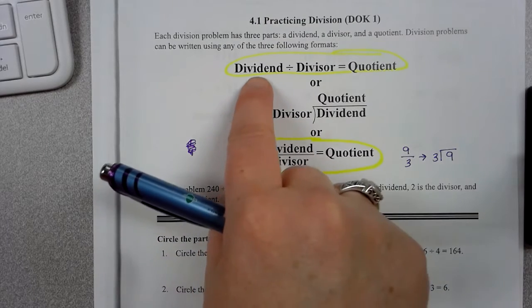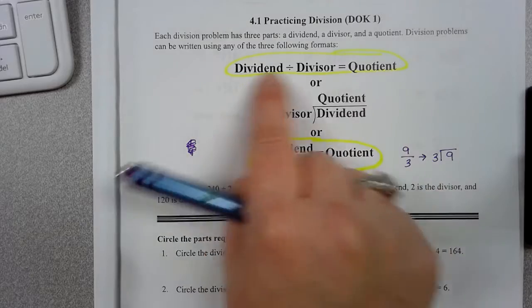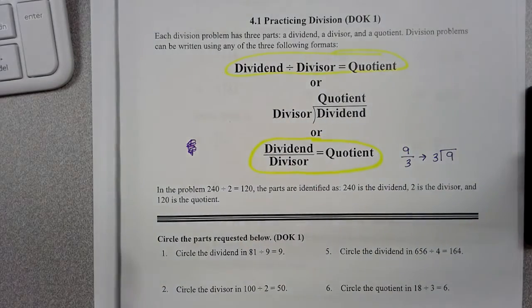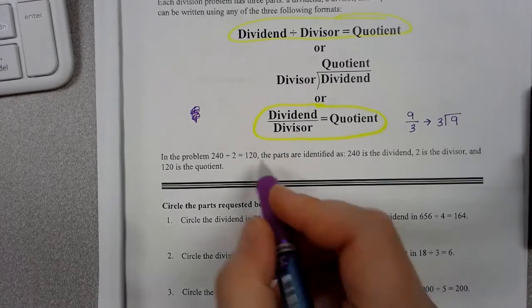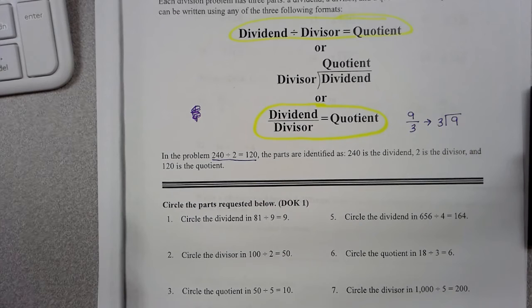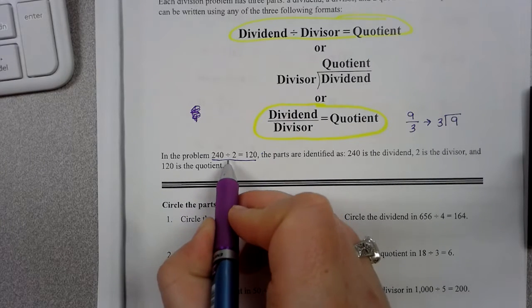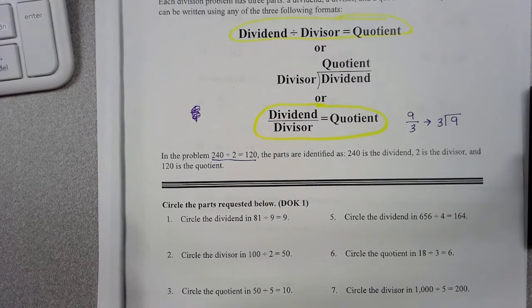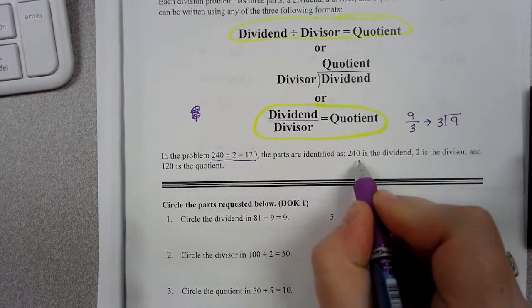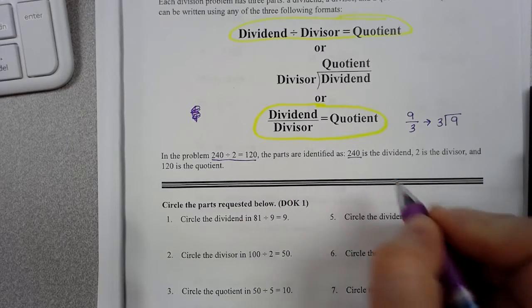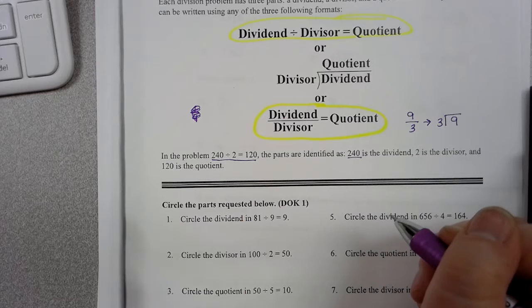We can have the horizontal way, that's just straight out, the house, or the fraction. Okay, so this is an example of how you would do the horizontal way. You would just write it straight out. And the only time I would accept this method as an answer is if it's really easy problems, real easy. Okay, and so we'd identify the 240 as the dividend.